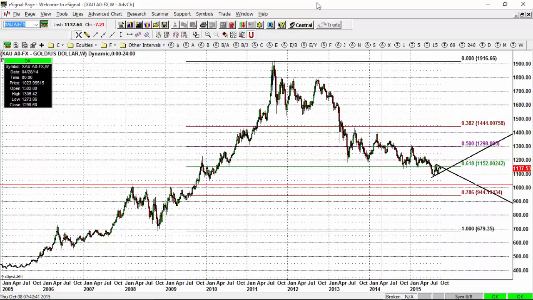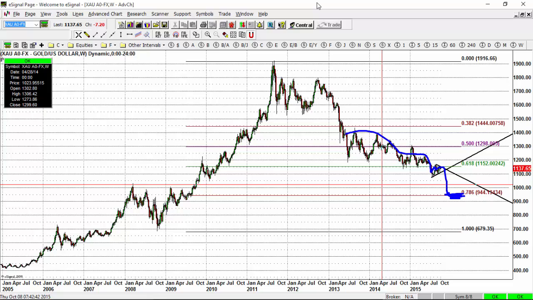Now, because gold is already in such a strong downtrend, that could be a likely scenario, and you could see gold into this level, 900 level, sometime later this year or early next year.